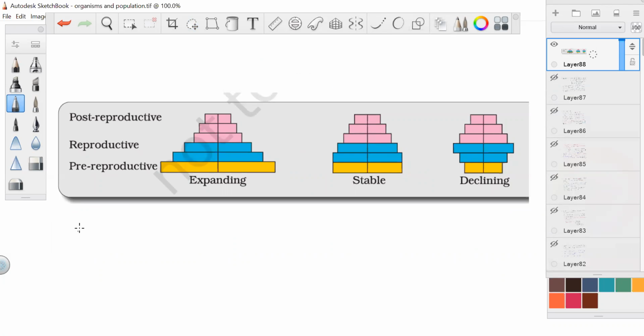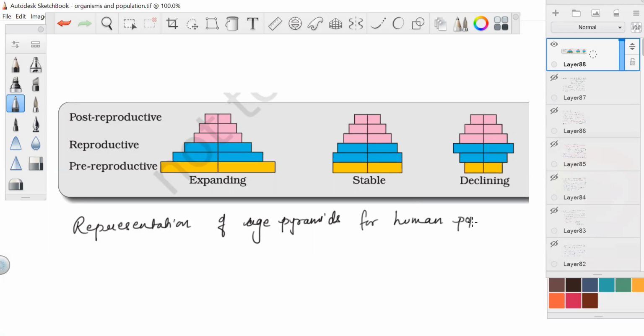So this is the representation of age pyramids for human population.